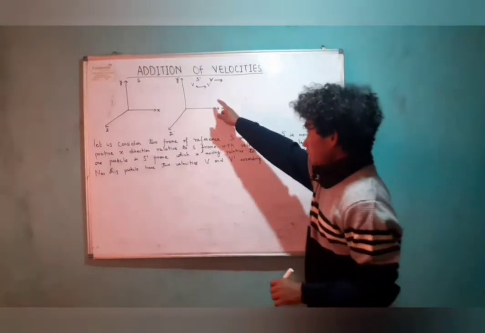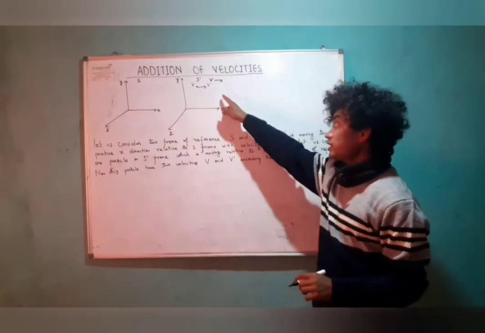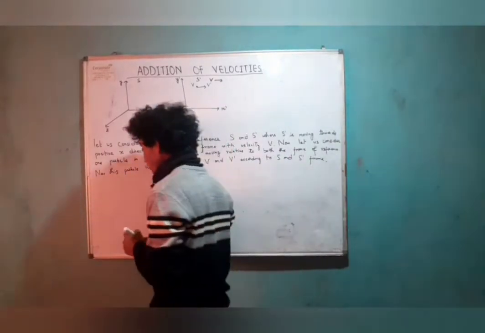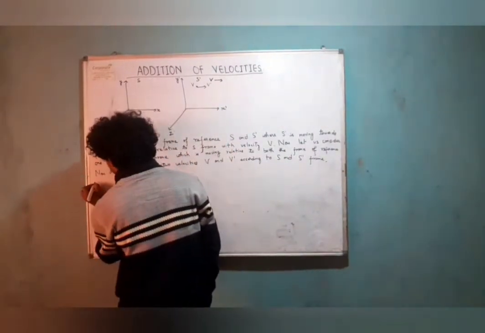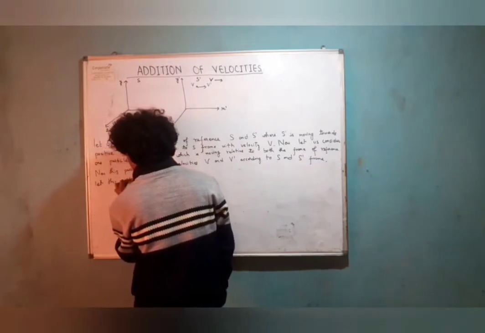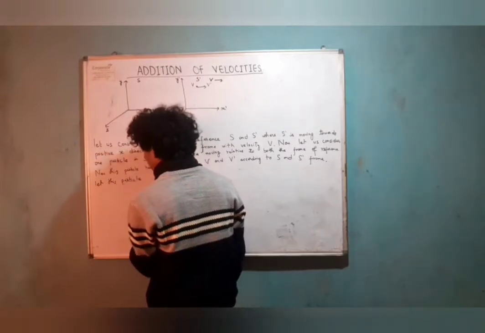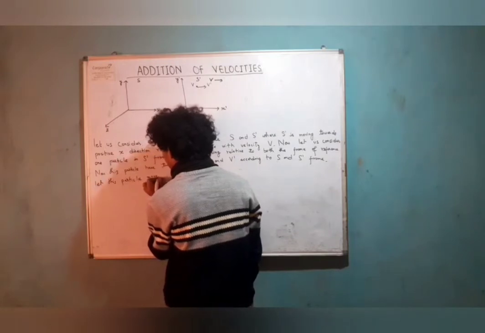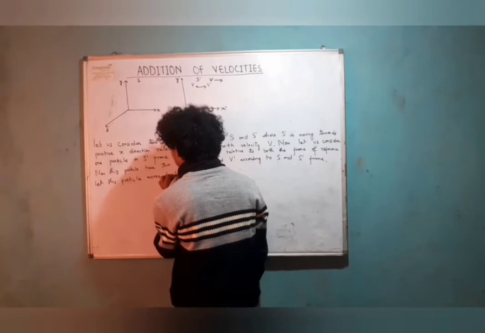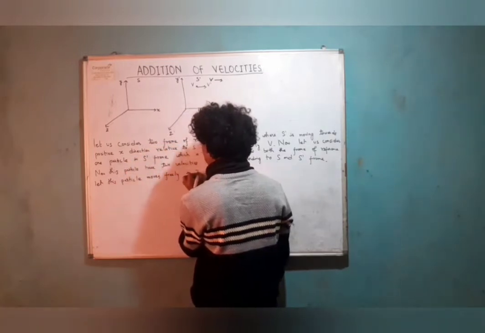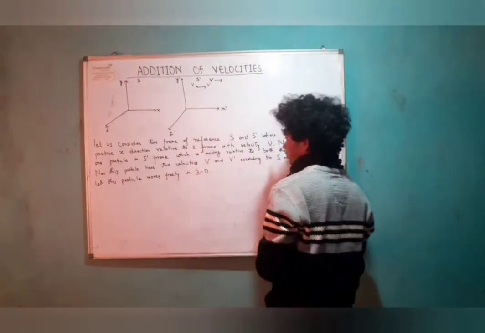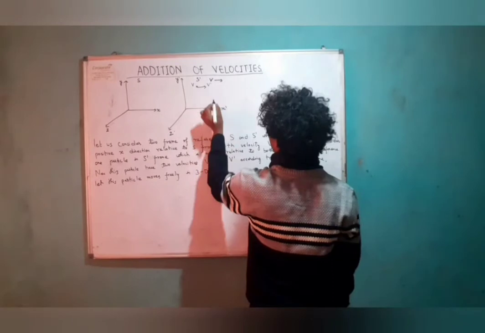For S frame it has velocity v, and for S prime frame it has velocity v prime. Let this particle move freely in 3 dimensions.